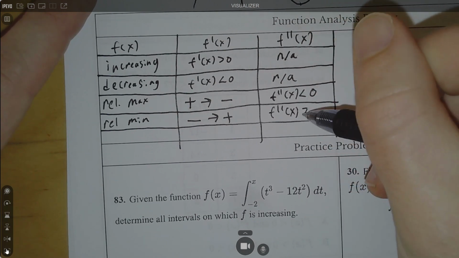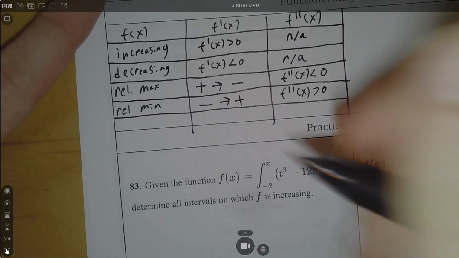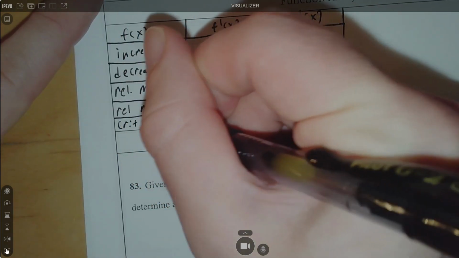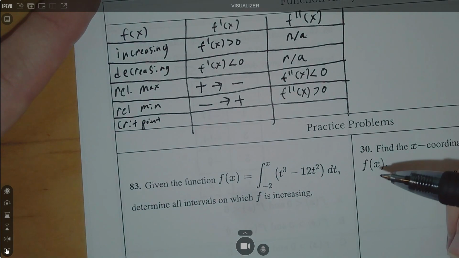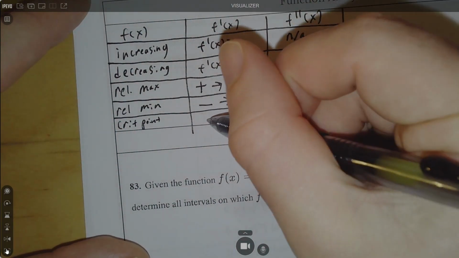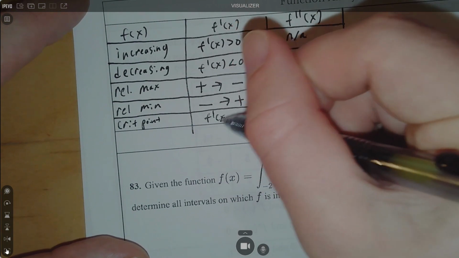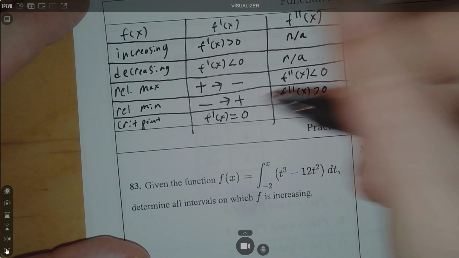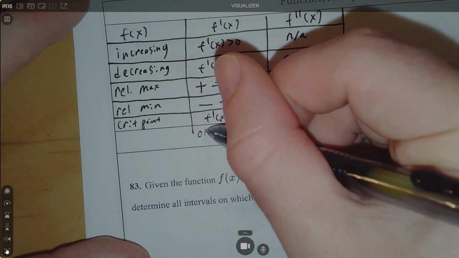Last thing I want to cover here is critical point. A critical point includes a relative min and relative max, but it's also simply where the derivative equals 0, or it can be undefined.